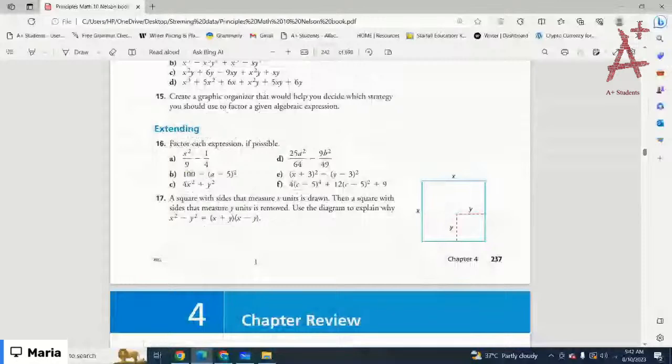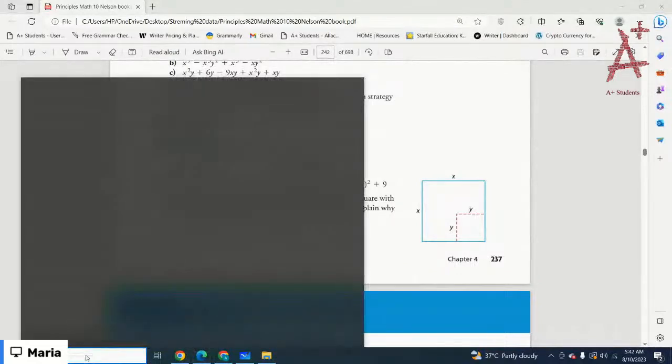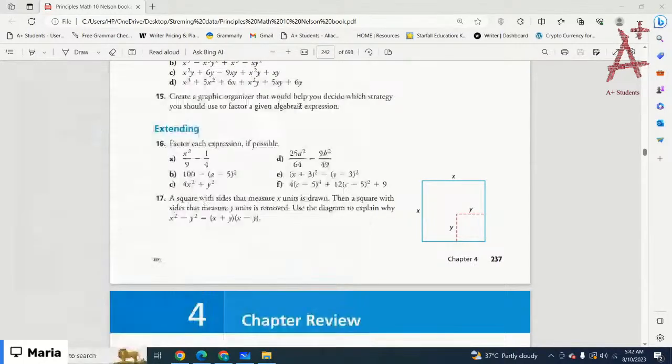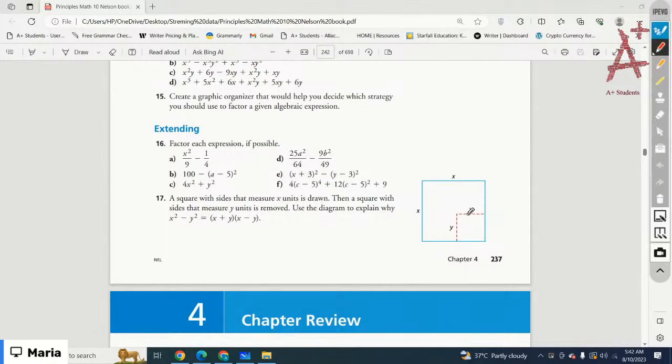If you look at the large square, it has the area, and if you remove this portion, you are left with this. A square has all four sides equal in length, so if this one is x, all of them are x. But if you remove this portion, you're left with x minus y, this portion only.